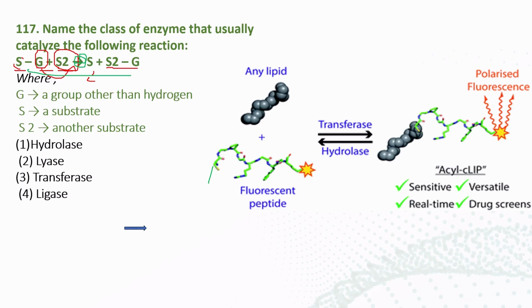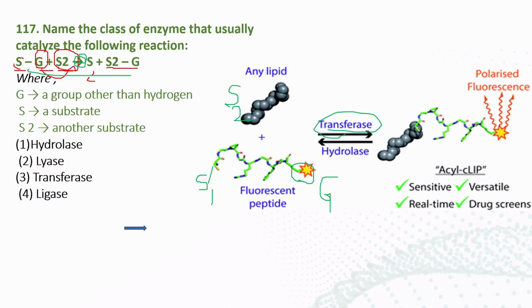This substrate, this fluorescent peptide, is F1 here. This is the G group here, like the fluorescence you can see. Okay, so this lipid is the S2 here. So what happened when any lipid combines with the fluorescent peptide, it undergoes a reaction in the presence of transferase enzymes.